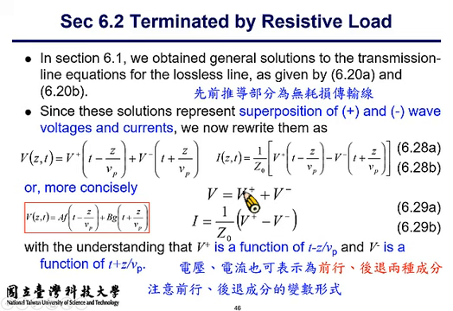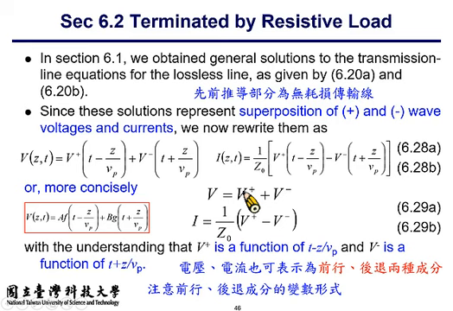So the solution is formed with V plus and V minus, which is essentially the same as the AF part for V plus and the BG part as V minus. And note that the parameters within the V plus function and V minus function are t minus z over Vp and t plus z over Vp respectively. So as you can see from the parameters, they involve both the time t and the position z.